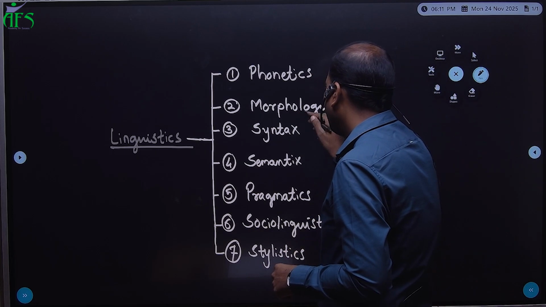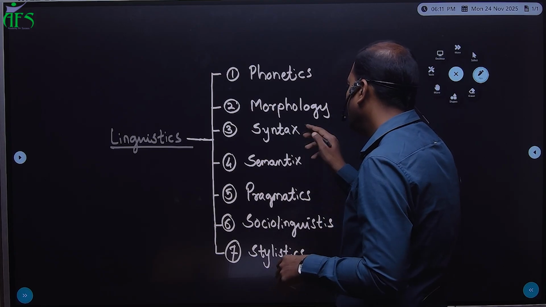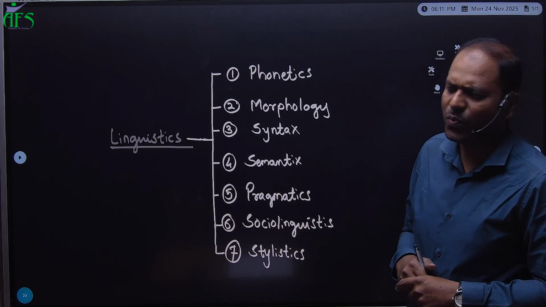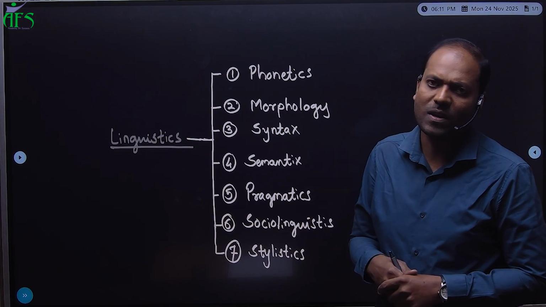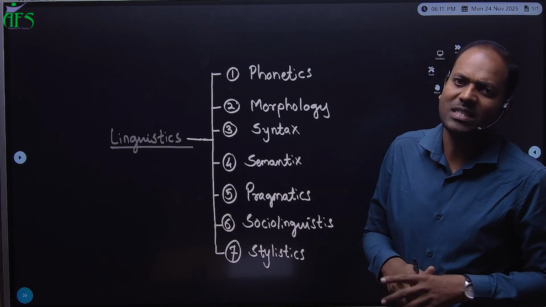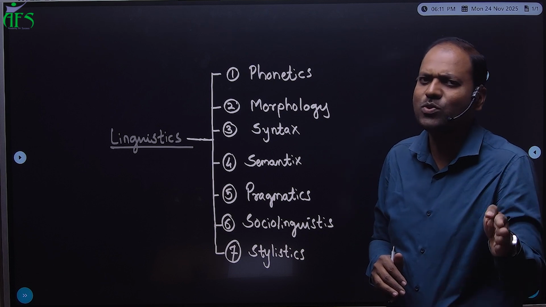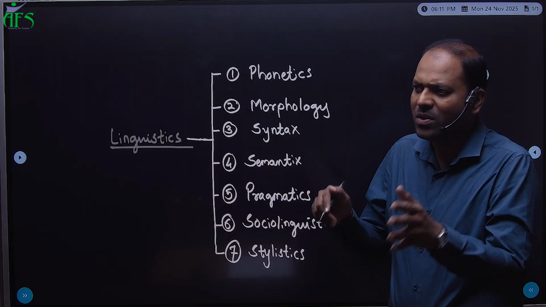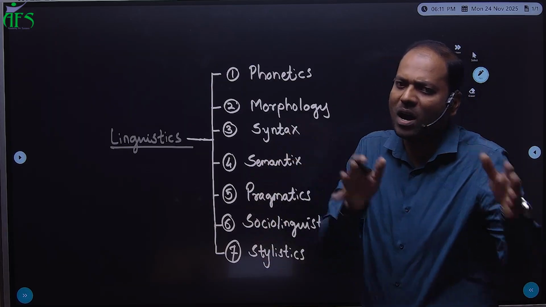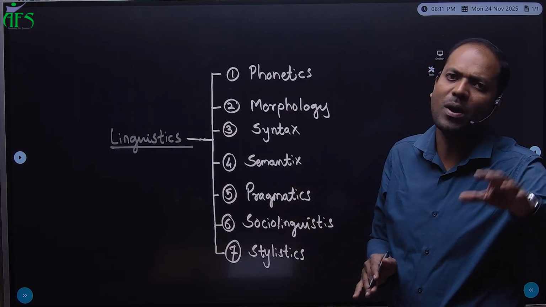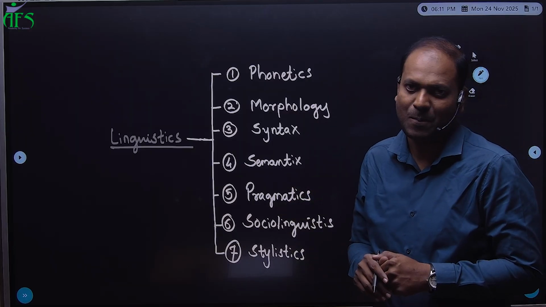Then, after studying the parts of words, syntax, the next branch of linguistics, focuses on the structure of the sentence. It is quite similar to morphology. The way morphology focuses on the parts of words, the same way syntax focuses on the parts of sentences.